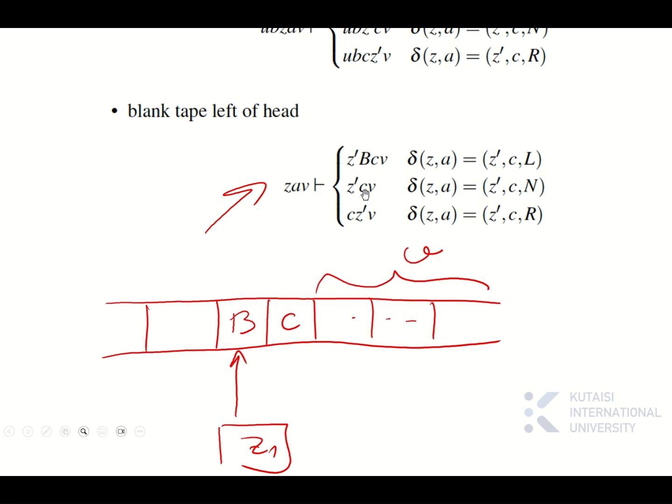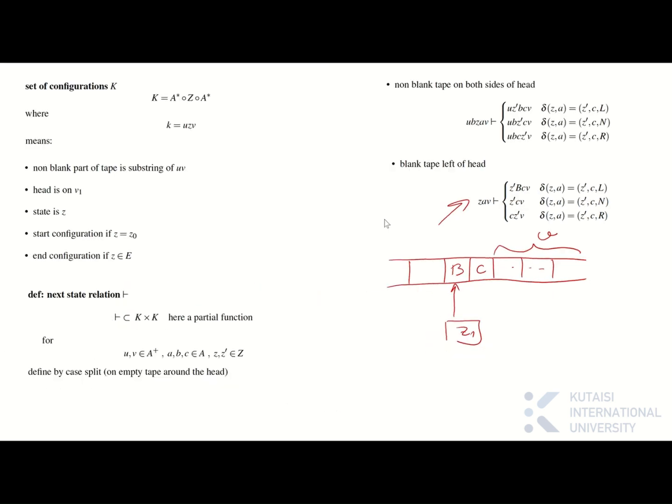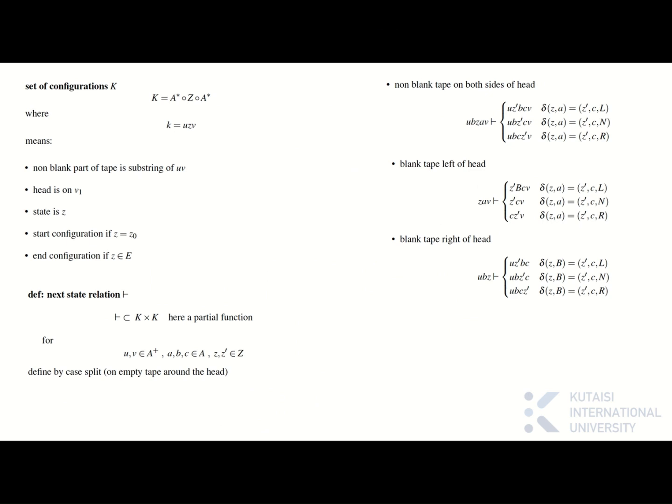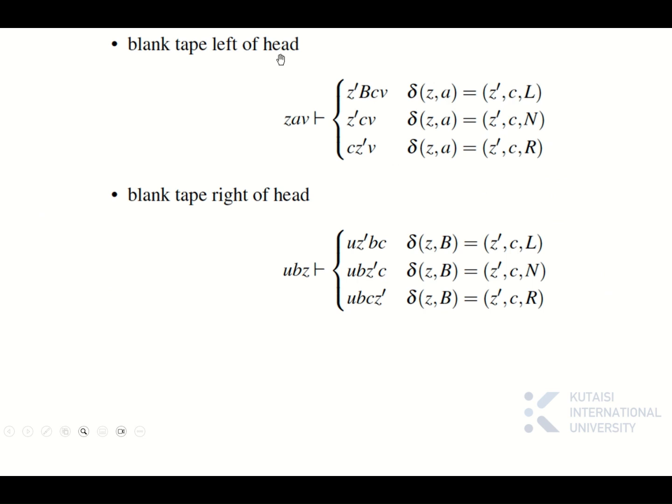So for everything else, if I go right, nothing changes, right? If I stay at the same place, I just erase A and write C. And if I go right, I jump over C and I go to Z prime. So I erase A, write C, and jump over. And I have to also consider what happens when there are empty cells on the right. This was empty cells on the left. What happens if there are empty cells on the right?